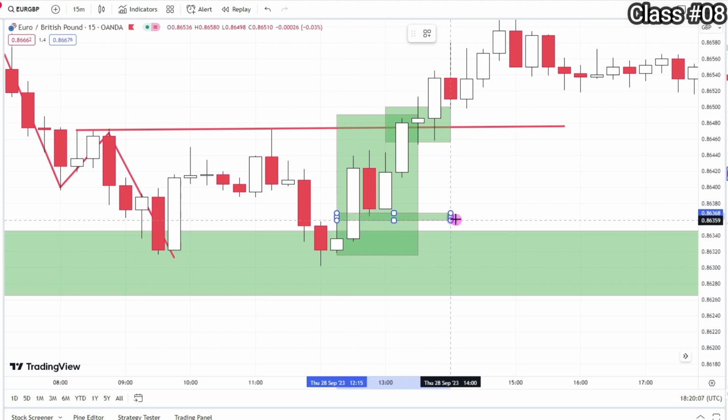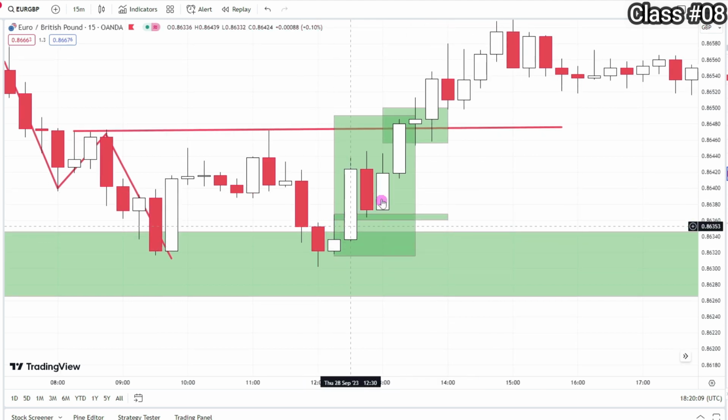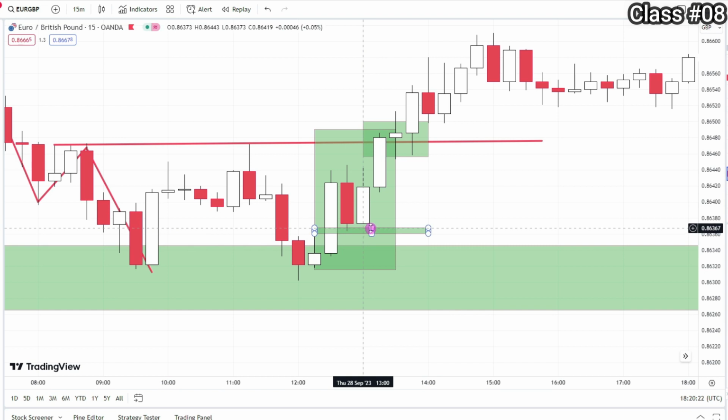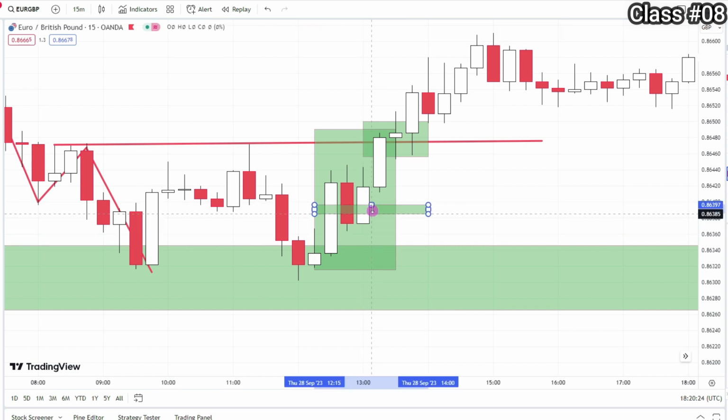Is there an imbalance zone between this first and third candle? No, because this wick is present within the body of the second candle. And if I go upside, there's no imbalance zone in this wave.